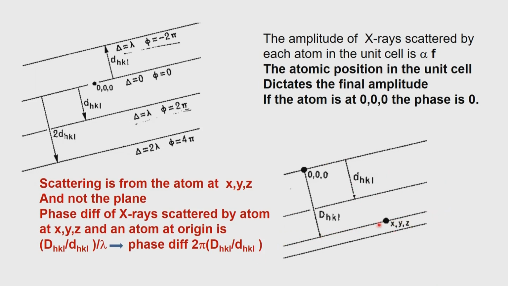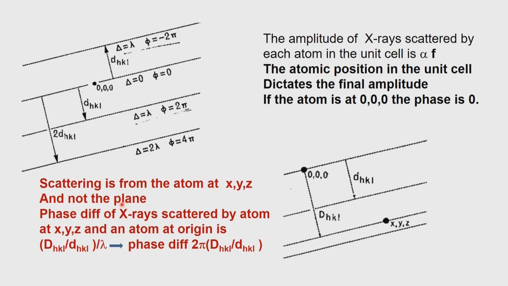So, XYZ is an atom which is now not at a distance of d of HKL, but at a distance of capital D of HKL. So, capital D of HKL is the distance of the atom from the plane, and we have drawn a plane which is parallel to 0 0 0 and therefore, passing through XYZ, but parallel to the first plane, which is D of HKL.